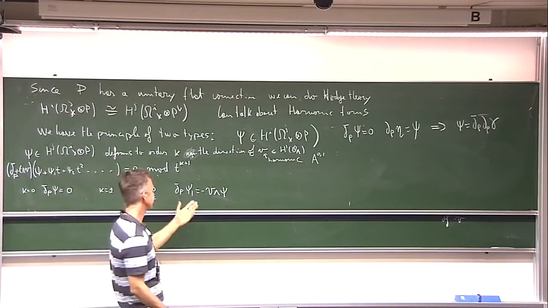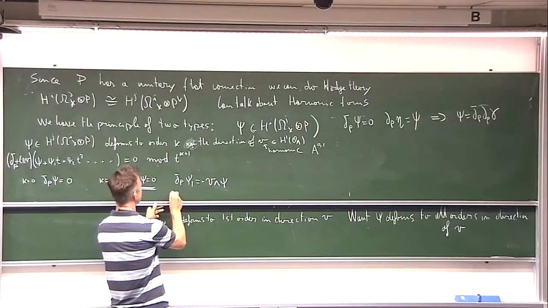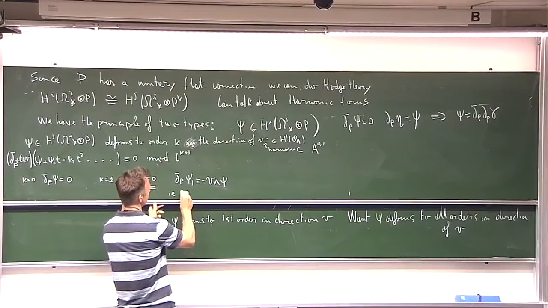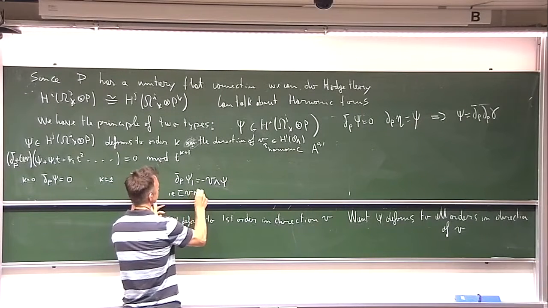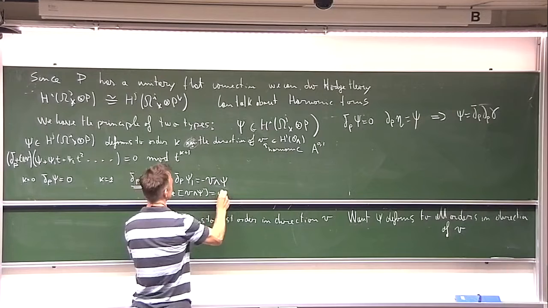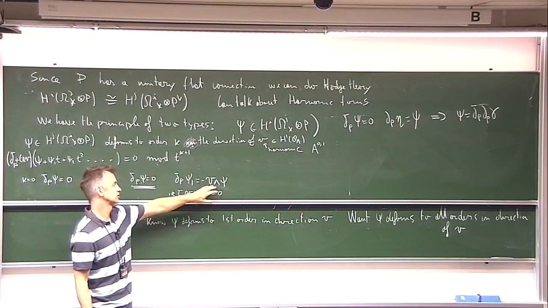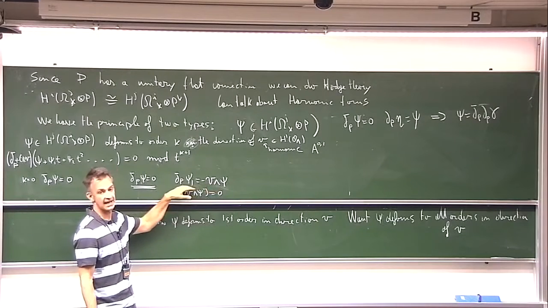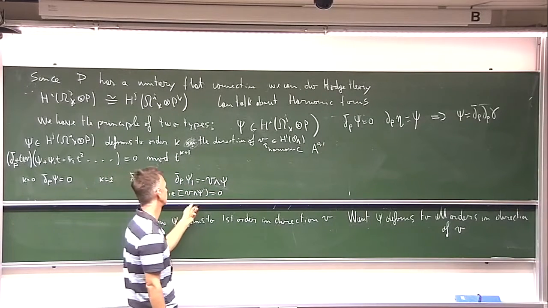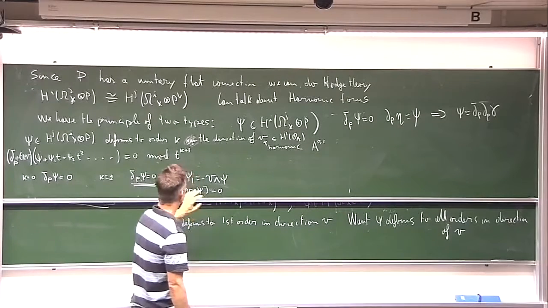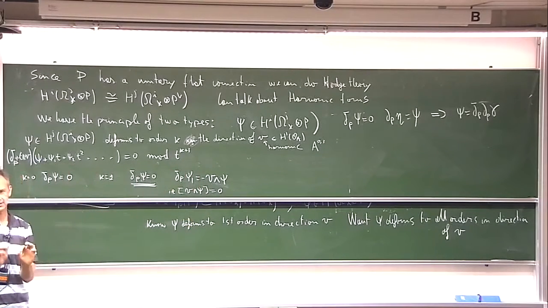And what this equation says is, i.e., the class of V wedge c is equal to 0. So in cohomology, when I take the class of V and the class of ψ, they wedge to 0. Right? I mean, this is 0 if and only if the corresponding I,J+1 form is exact. That's all it's saying. Okay, so this is what it means to deform to first order. That's what I'm assuming.